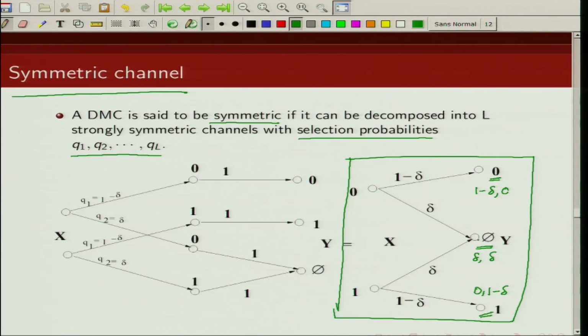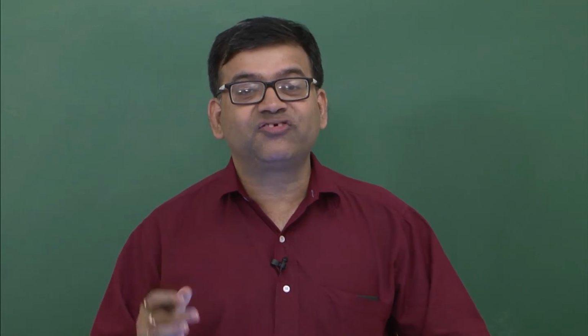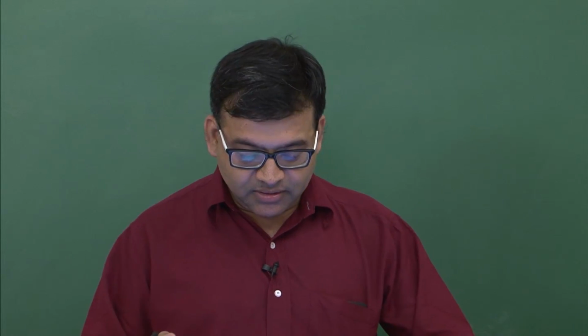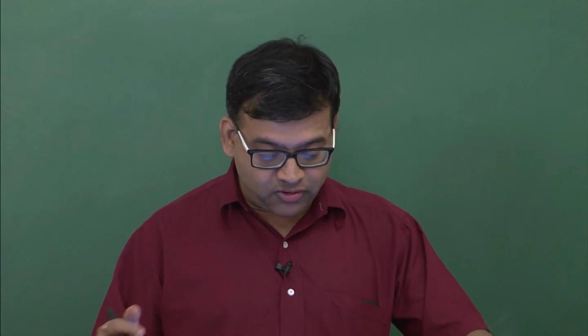So if I consider this state, which I call the erased state, my probabilities are different from this particular output. So this is not a uniformly focusing channel, even though it is a uniformly dispersive channel, because if you look from the input side, these transition probabilities are 1 minus delta and delta, and this is 1 minus delta, delta. This is a uniformly dispersive channel, but not a uniformly focusing channel. So this is not a strongly symmetric channel, but it can be decomposed into strongly symmetric channels.